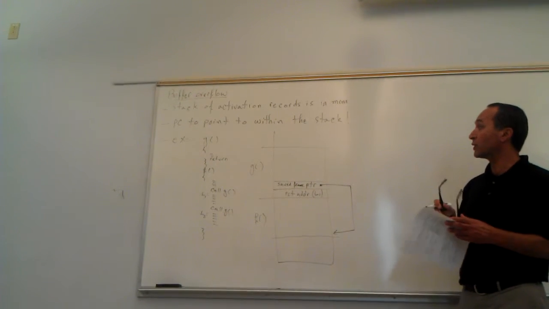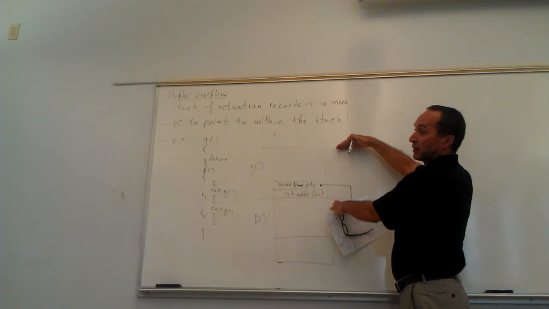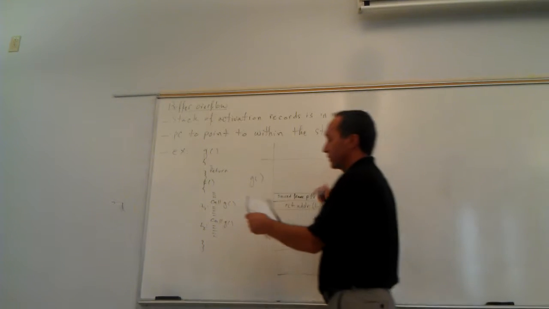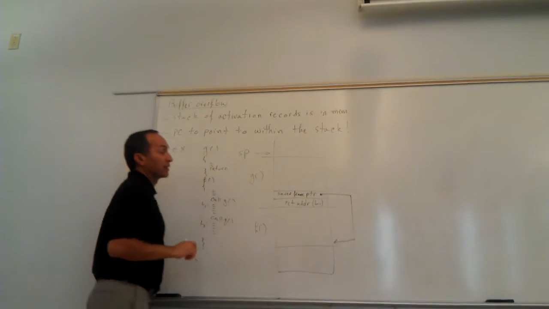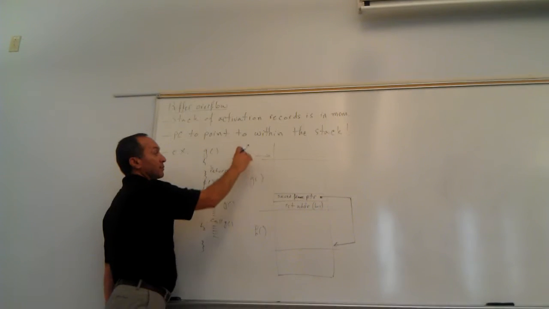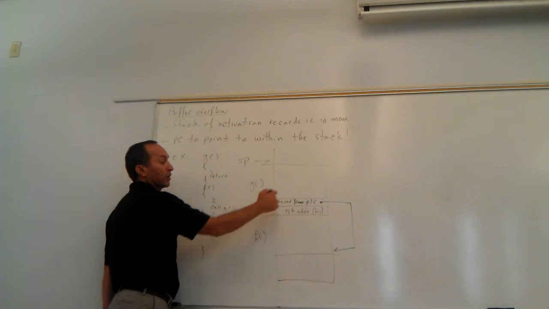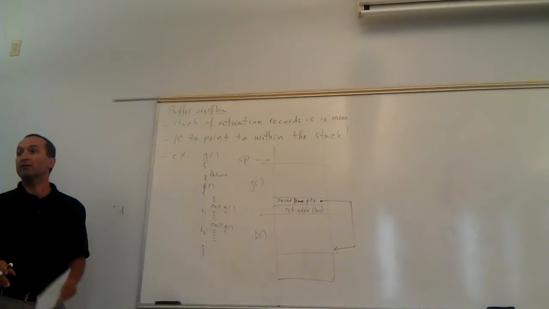Some systems do it by having the size of this activation record and subtracting it from the stack pointer. If the stack pointer is pointing to that, and you grab the size and subtract it from that, then the stack pointer goes down here, right? Or you can use a pointer and don't store the size.